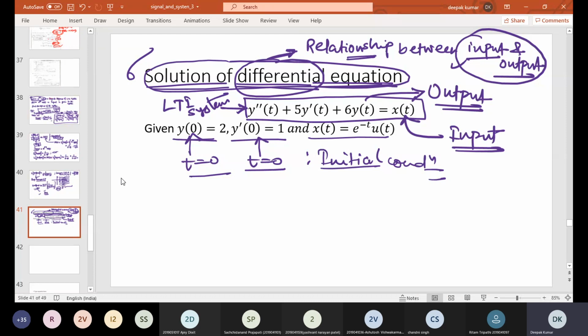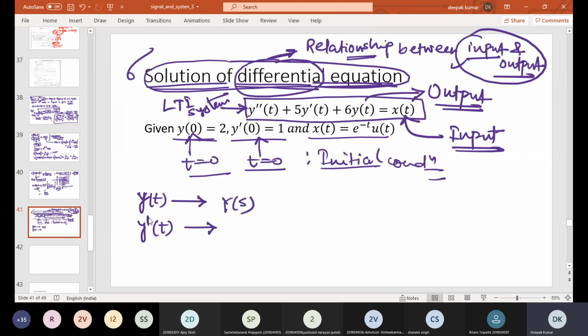The first step is to take the Laplace transform of y double dash. Now suppose y t has the Laplace transform Y of s. You have to apply the derivative property here. What will be the Laplace transform of y dash t?